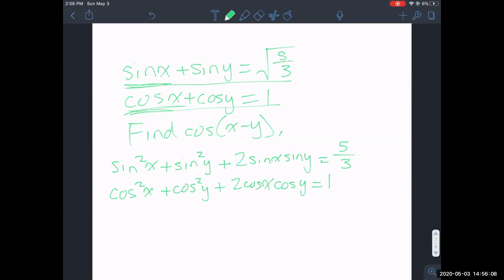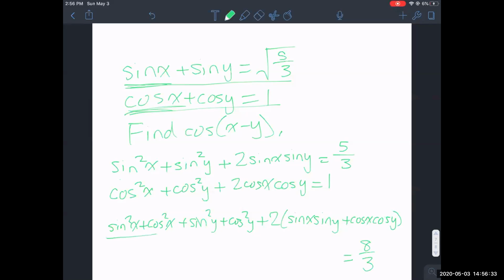Now let's add both equations. So sine squared x plus cosine squared x plus sine squared y plus cosine squared y plus 2 times sine x sine y plus cosine x cosine y is equal to 8/3.